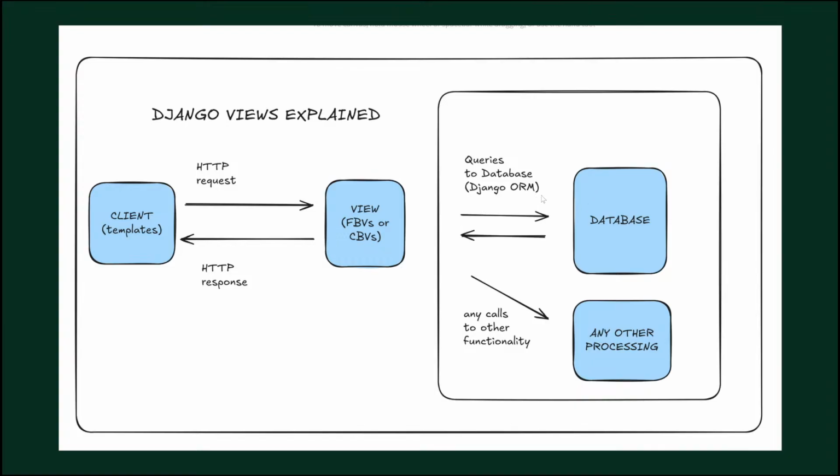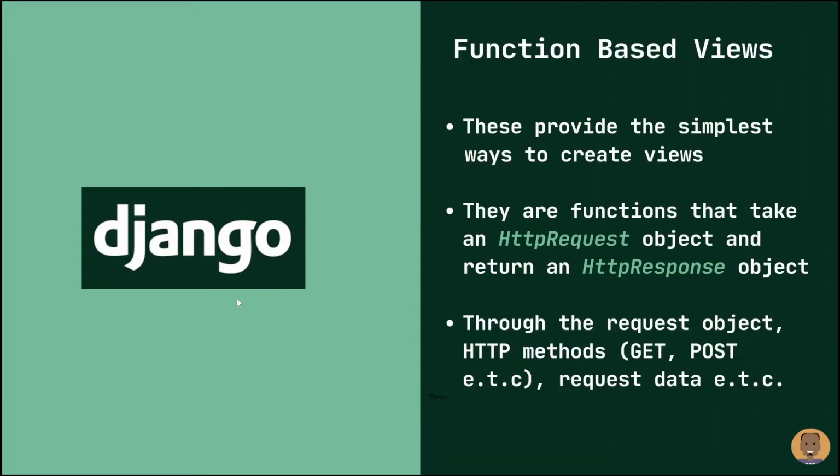When you query the database, that can be something like making a query and then getting back a result. So all that is done through the view. So you can also have situations in which you're, let's say, calling an API or using an LLM. When you're doing such a thing, you are still going to be doing it through the view, and then clients will be returning a response. So this is a very simple diagram to show it so that you can get the concept.